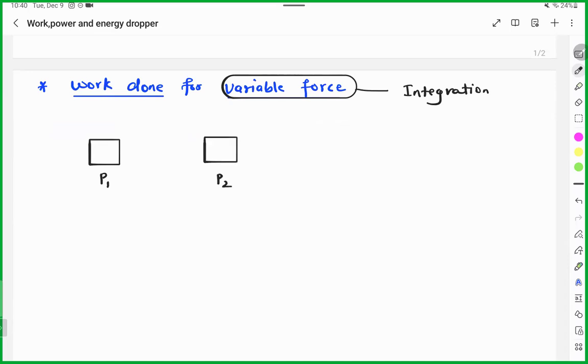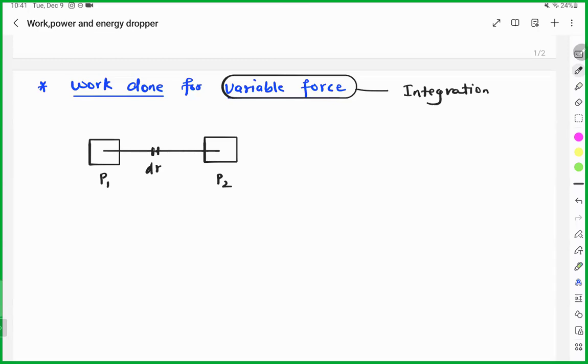Now, if you are moving from point P1 to P2, and it is changing continuously, how to calculate? At some point you will get a displacement dr, a very small displacement. And you are applying force F, because displacement is changing, work will also change.